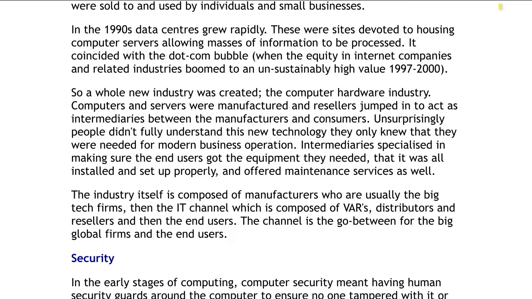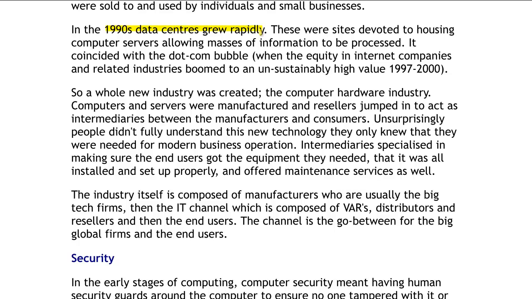Now, although computers have been around for a long time, and computers that we would consider actual computers, and not just ancient Greek mechanisms for calculations, have been around at least since the 70s, it wasn't really until the 1990s that data centers grew rapidly, and this created the kind of industry that we would recognise as IT.